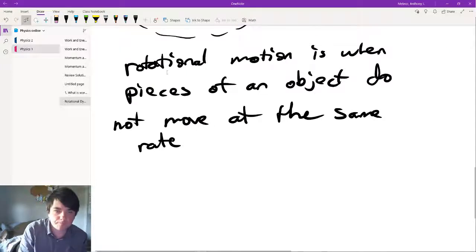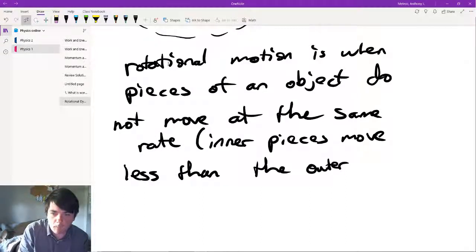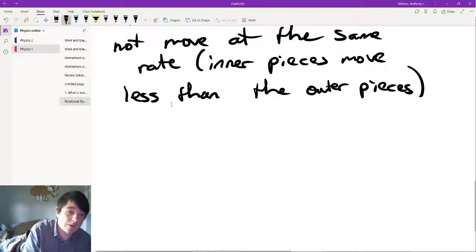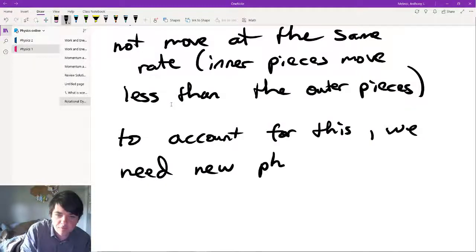And so to account for this, we need new physics.